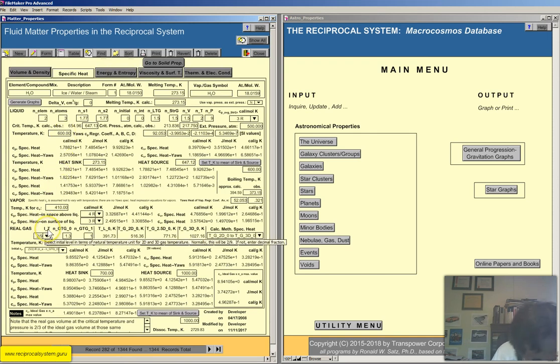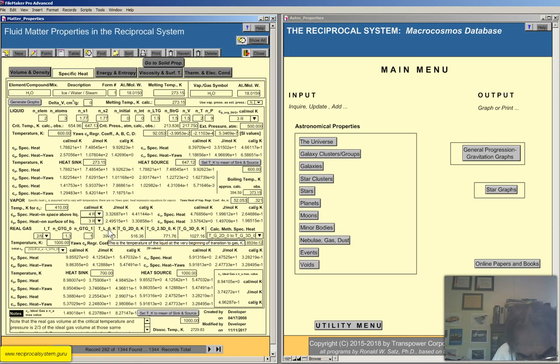The initial level in terms of natural temperature units for 2D and 3D gas temperature, normally this would be 2/9, so it's normally 2/9 there for I underscore T. Then we have the number of thermal groups in gas at the 2D gas initial point, 1.3. Number of thermal groups in gas just before going to 0 at 3D gas initial point or beyond, okay?